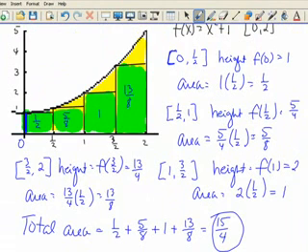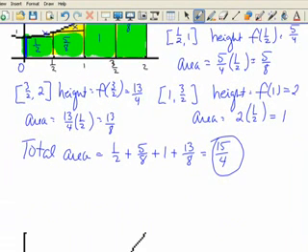Notice that this is an underestimate for the area. The actual area should be a little bit bigger because we're not measuring all of this space that's below the curve but above the rectangles. Now, what we just did using rectangles is called rectangular approximation, and we used the left endpoint.